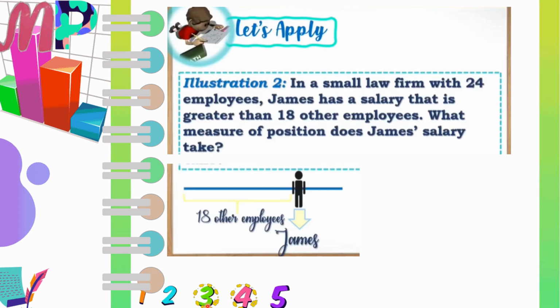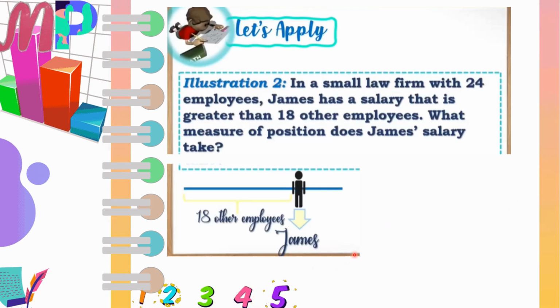As you can see, this is the location of James, and on the left side of James, there are 18 other employees. Meaning, his salary is greater than 18 other employees. So we are going to find the measure of position representing James' salary.